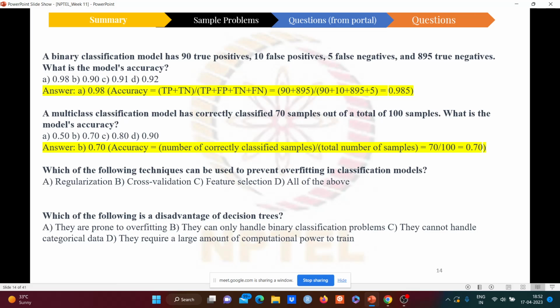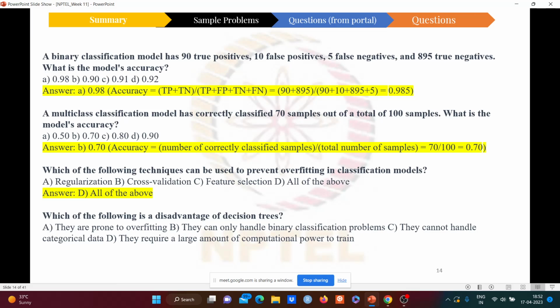Any other answers apart from C? Okay. Here, all of the above: regularization, cross-validation, and feature selection.